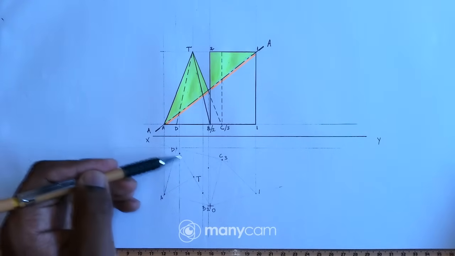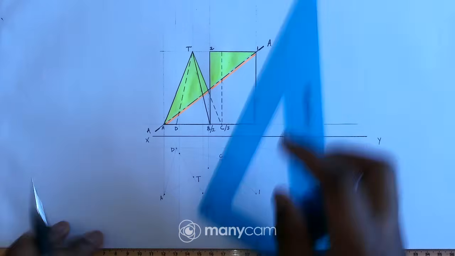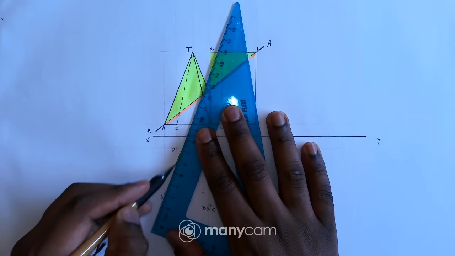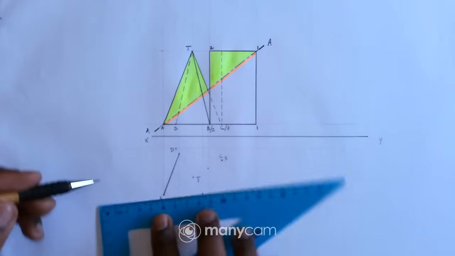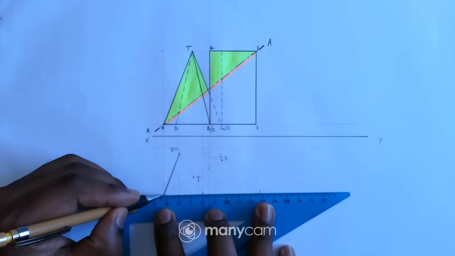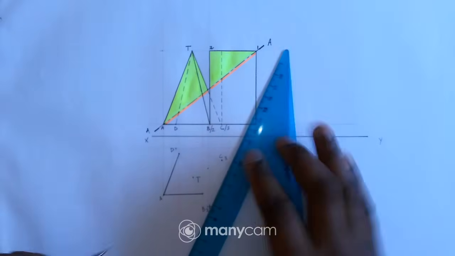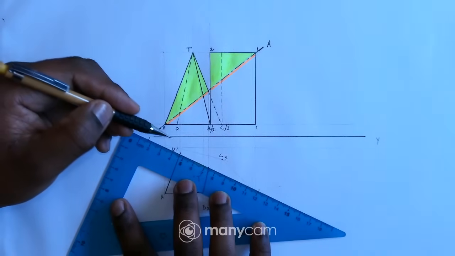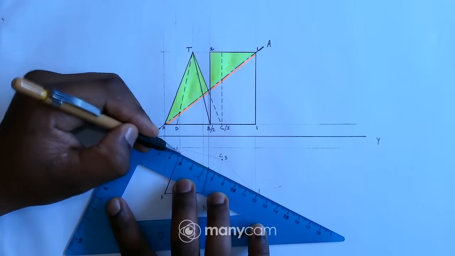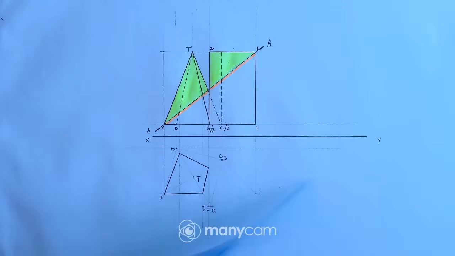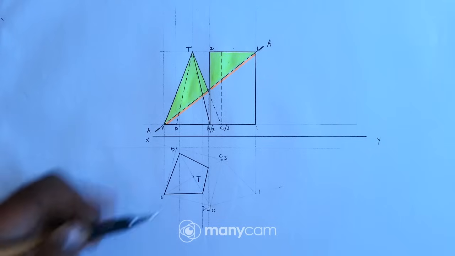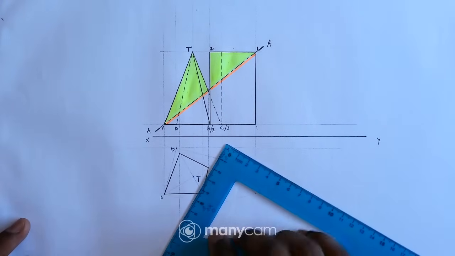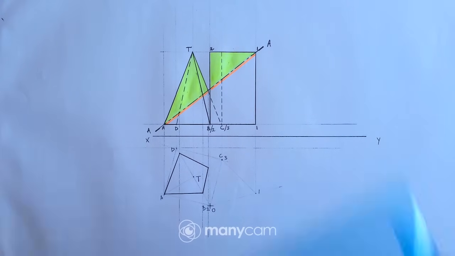So obviously this is the cut surface for the pyramid, so I can just connect the points there. Just connect the points there. Like that. Like that. And then obviously I'll have to hatch the surface, so let me use my 45-degree set square.